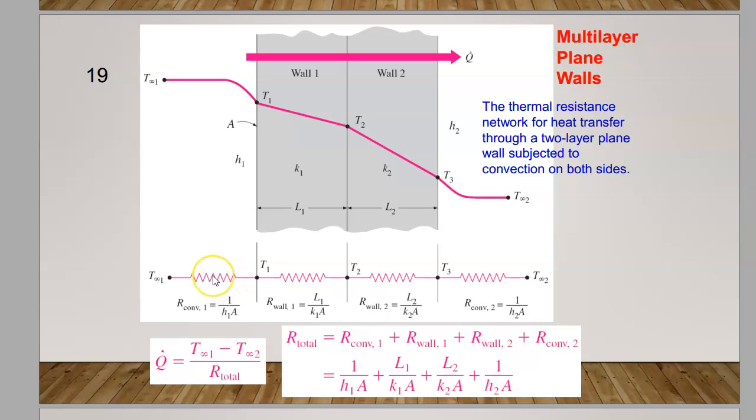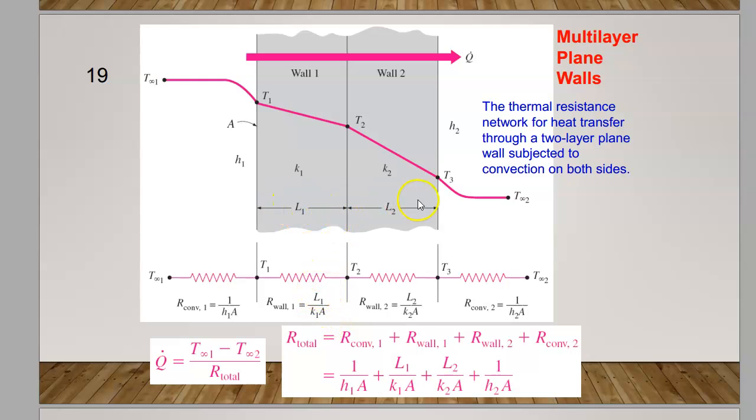Each resistance is either convection, radiation, or conduction. Here we have fluids with H, the ambient, so this is convection: R convection 1 is equal to 1 over H1A. Then we have the wall, which is solid with K, so R wall 1 is equal to L1 over K1A.